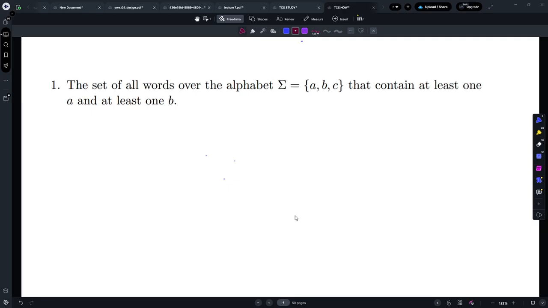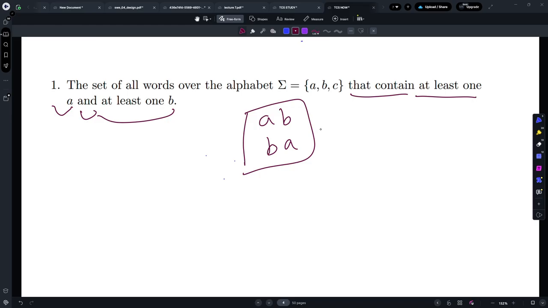See carefully. It says that it contains at least one A and at least one B. So 1A and 1B, like this. These are the two options. It's the same question as we had before, at least 1 zero and 1 one.